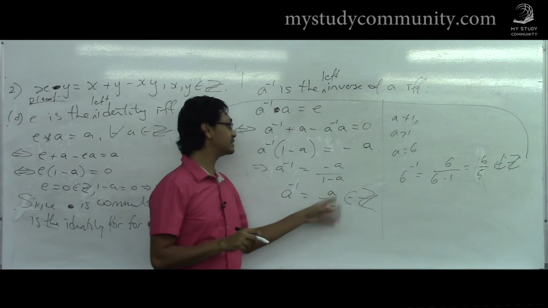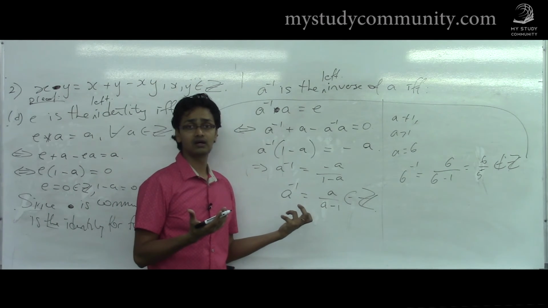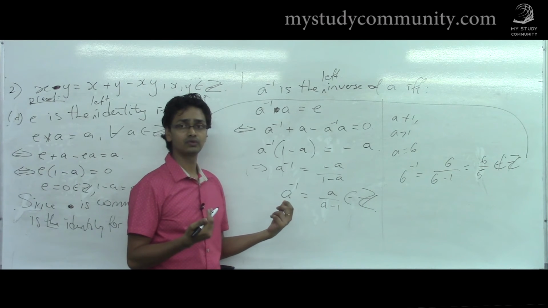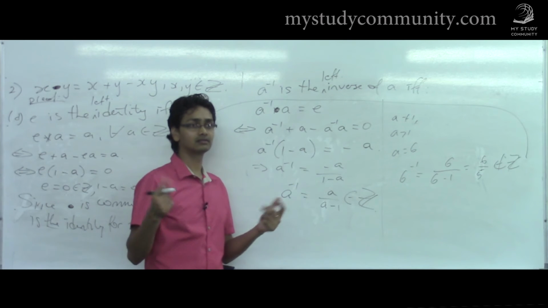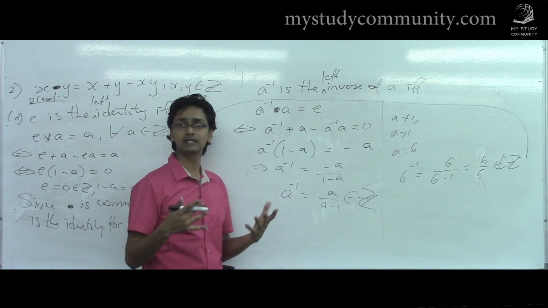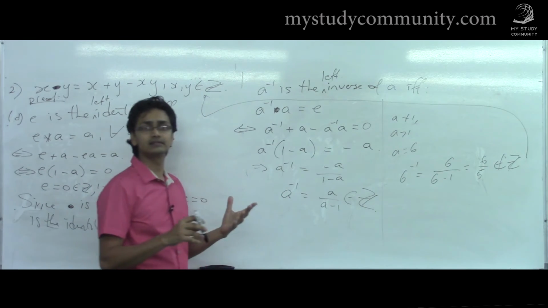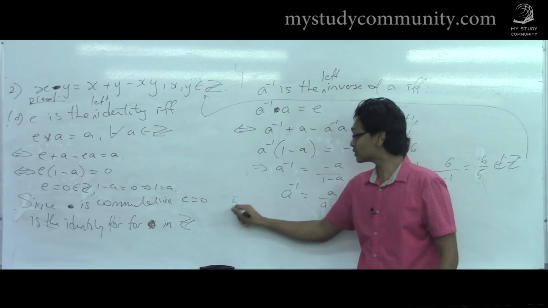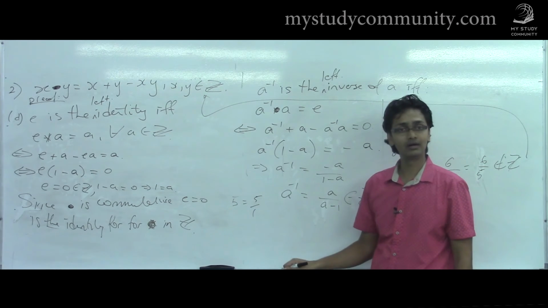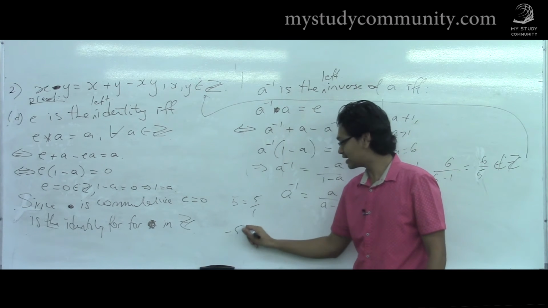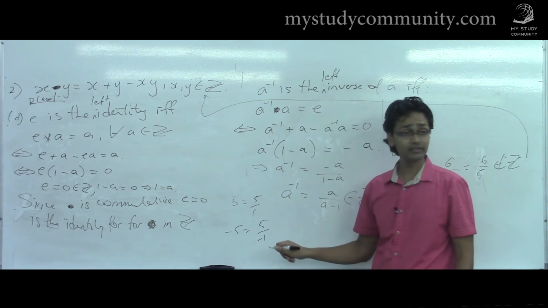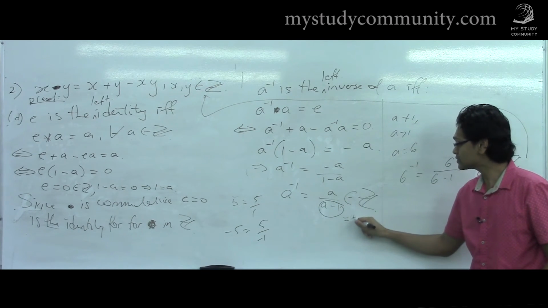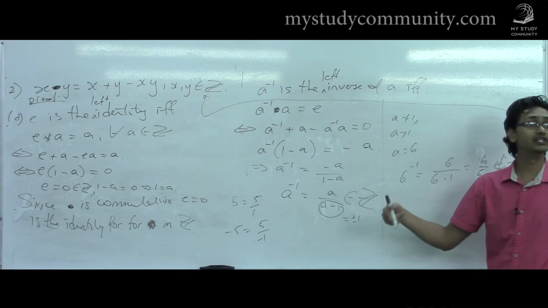So which elements will have an inverse? 0. How did you get 0? Just because you looked at it and it popped out? Yes. What we realize from numbers is, look at this: 5 is 5 over 1, and negative 5 is 5 over negative 1. So if my denominator is plus or minus 1, then it gives me an integer.